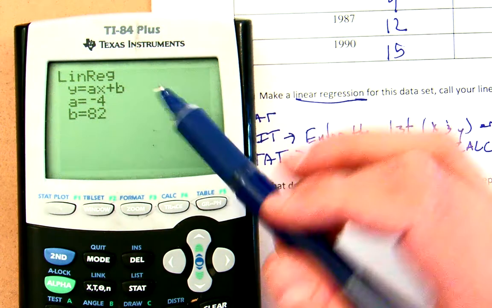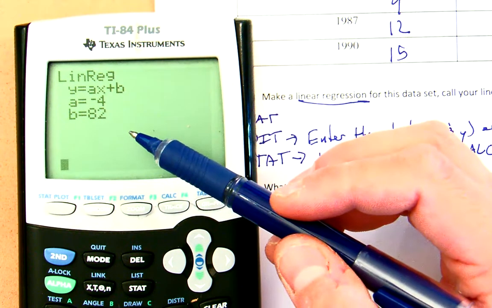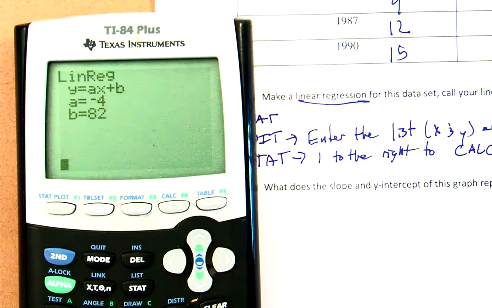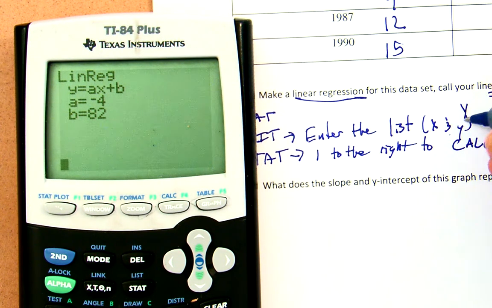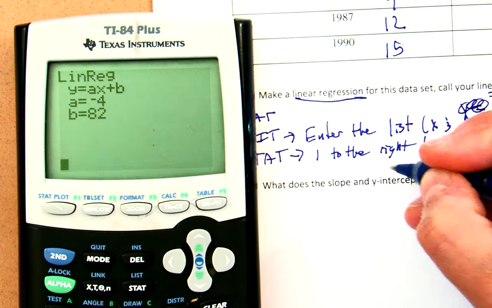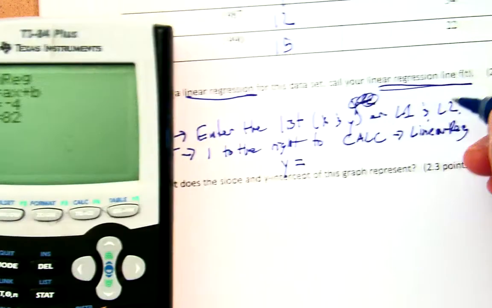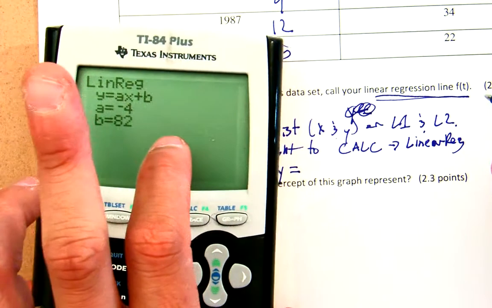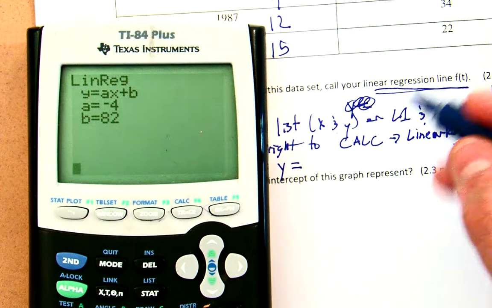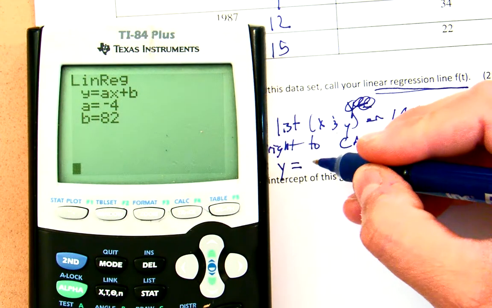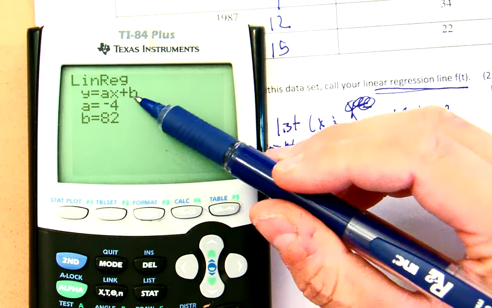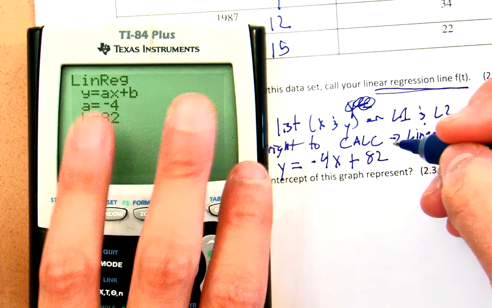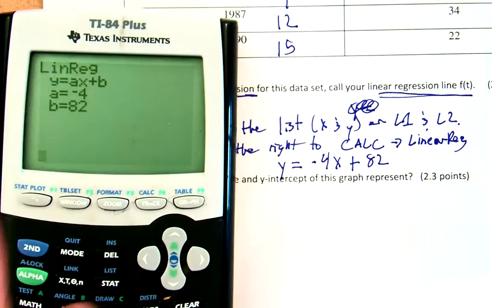So when you're done, you can't just write this stuff down. That is not the answer. You have to write down a what? A linear function, right? So it is what? Y equals, whoops. It is y equals what? Well, what is A? Yeah. A is negative 4x plus what? What is B? 82. And this is my answer. But I didn't ask you to call it y.